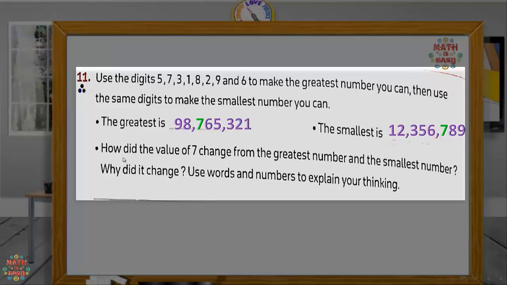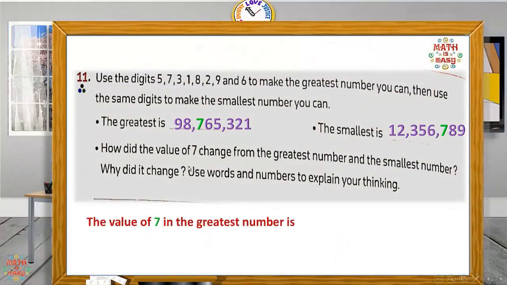Here he asks you, how did the value of 7 change from the greatest number to the smallest number? In the greatest number, we have 7 in the hundred thousands place, and here we have 7 in the hundreds place. Is the value of the two 7s equal? No, not equal. So why did it change? Use words and numbers to explain your thinking.